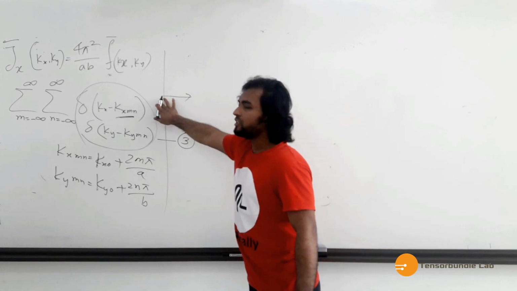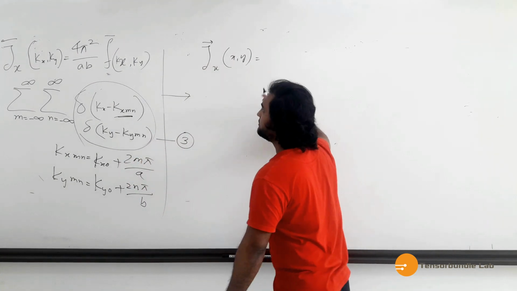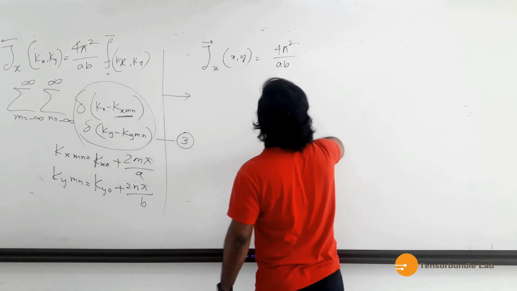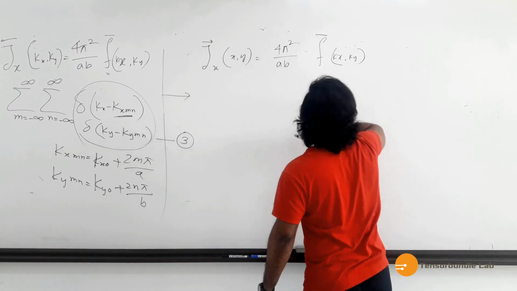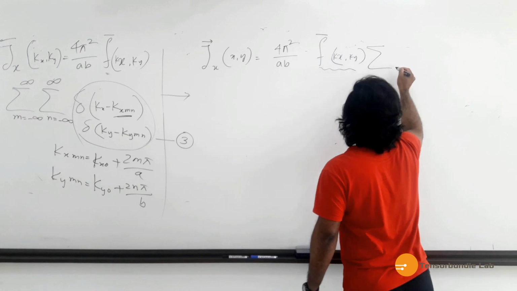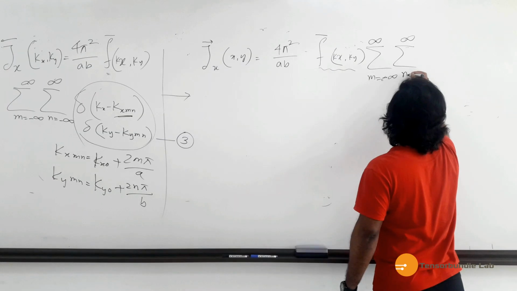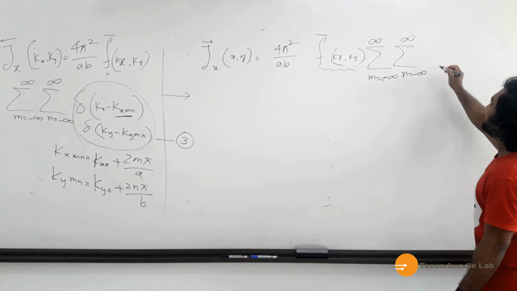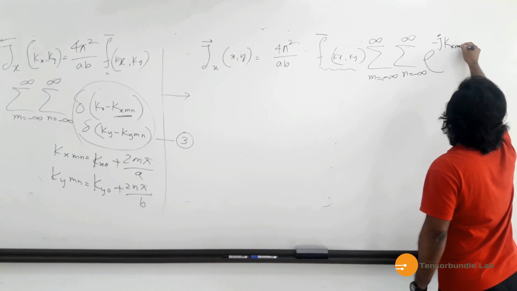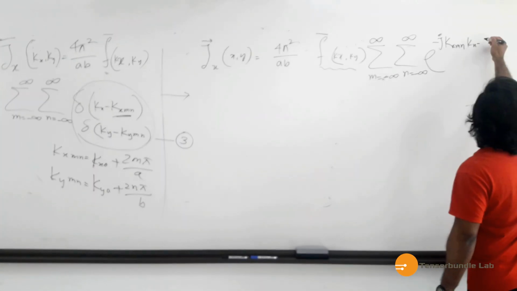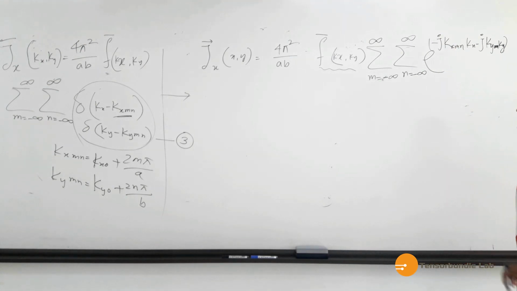Obviously, the inverse Fourier transform of this equation 3 can be written as g(x, y) in the time domain, 4π² by ab, and k_x, k_y bar, I'll define what that is, and then we have the phase terms, summation from minus infinity to positive infinity and minus infinity to positive infinity, and then the exponential term, e^{j k_x^{mn} x} minus j k_y^{mn} y.